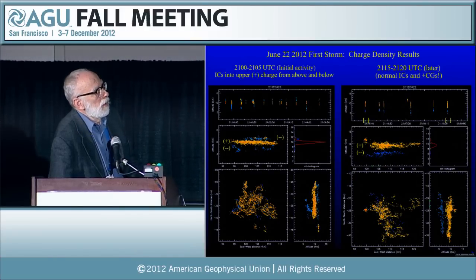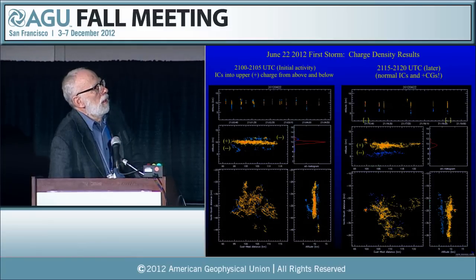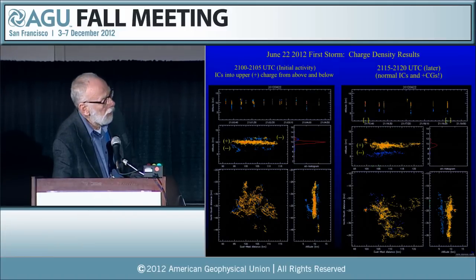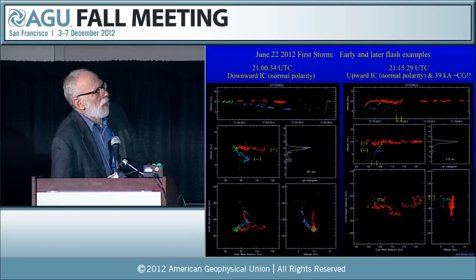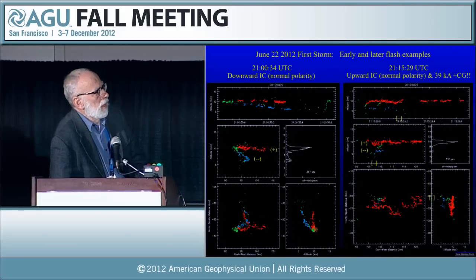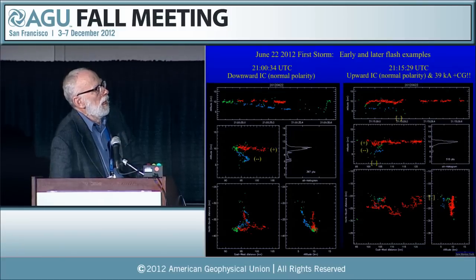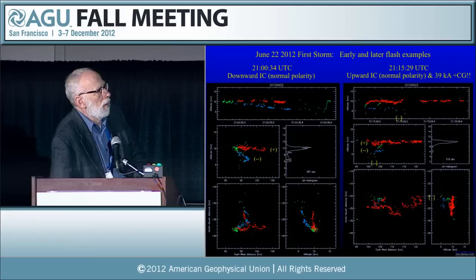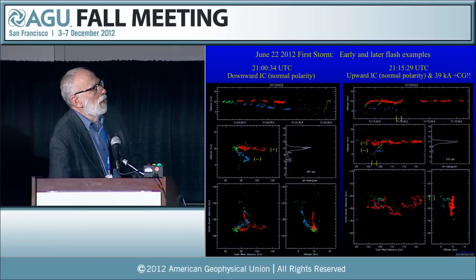The interesting thing here is that the right-hand plot basically looks like an intracloud flash, and I can show that right here. So the right-hand panel is that same flash which occurred in that charge structure, namely between lower negative and mid-level positive, and normally that flash would just be between those two charges, and that would be it.